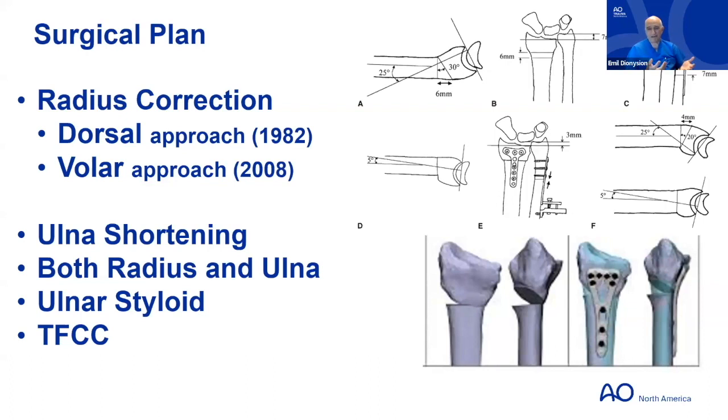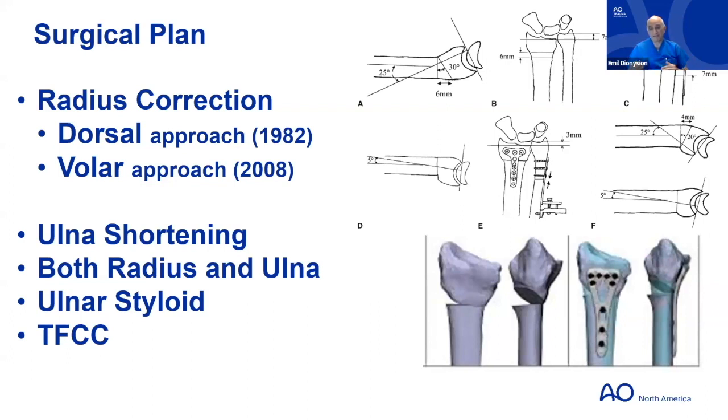After the advent of locking screws and volar plating becoming popular, then a volar approach started to become popular. Since 2008, most of the articles are about doing volar plate approach and volar osteotomy.